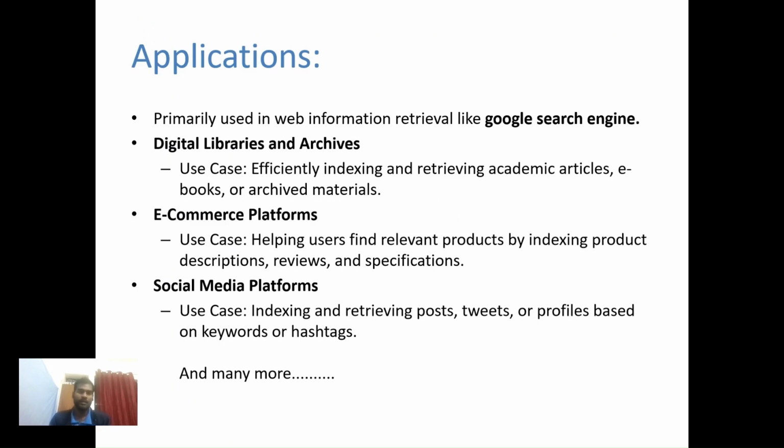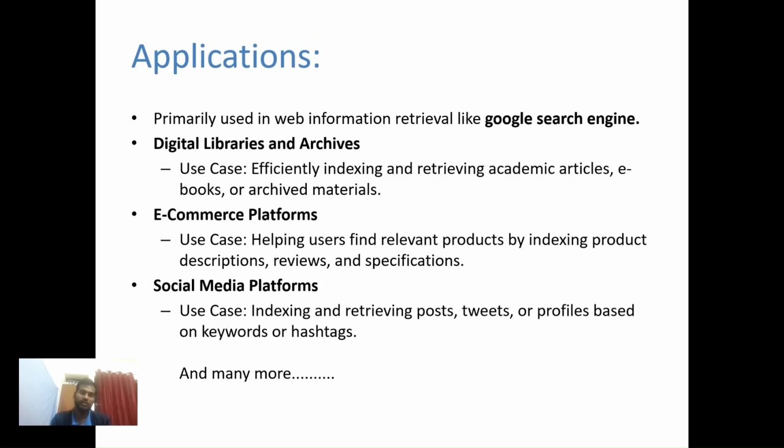So, the application of this process, where we build the inverted index and give the corresponding documents: this technique is primarily used in the Google search engine. It shows the results very fast, and similarly, this technique is also used in digital libraries and archives to retrieve academic articles, books, and archived materials.